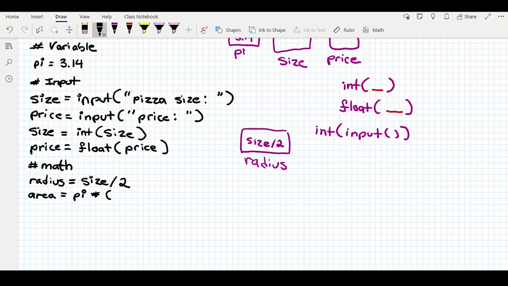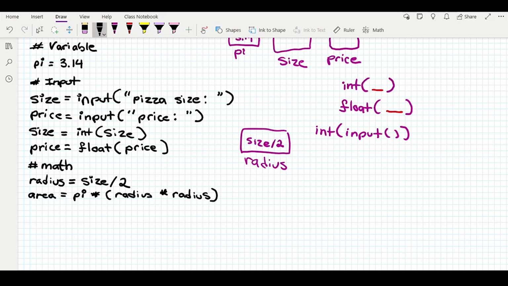My way isn't the best way. It's not the right way. There's just more than one way to do things. I did radius times, oh yeah, radius. I'm getting my variables confused. Radius times radius, right? Isn't that the same? Like 7 squared is the same as 7 times 7. 10 squared is the same as 10 times 10. So that's how I went about doing it.